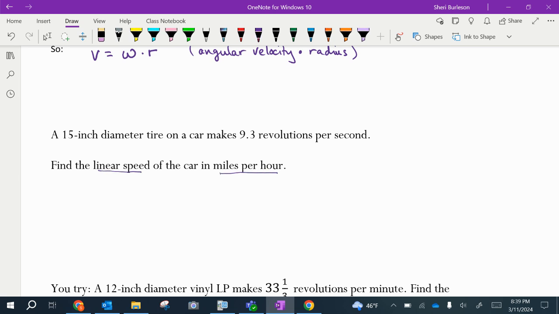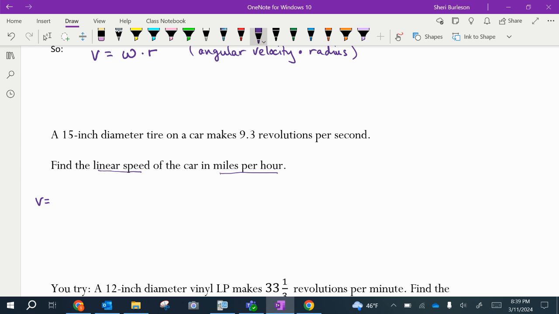So my linear speed, or my velocity, is going to be my angular velocity, which I already found. So I could go back and just use that and then convert with the radius. But sometimes you're going to be asked to find linear velocity and not have been given, or asked to find, angular velocity. So I'm going to show you how to calculate the linear speed, or the linear velocity, just from the problem.